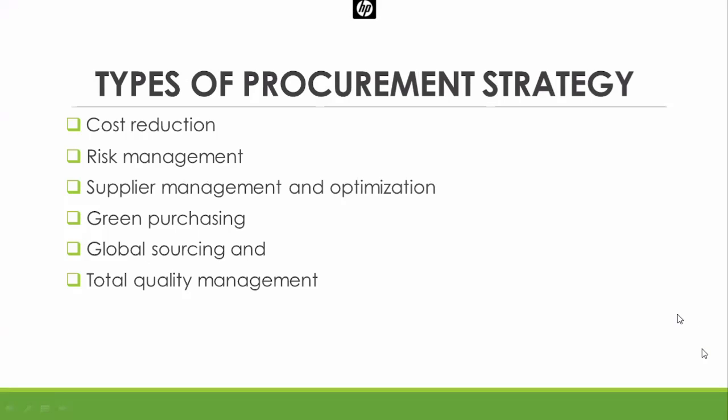And then green purchasing. Pag green purchasing kasi, di ba, yun din yung nagsimula sa green engineering. So for example, isa sa mga components na hinahanap natin is the environmental effect. May positive environmental effect when we purchase that particular product.